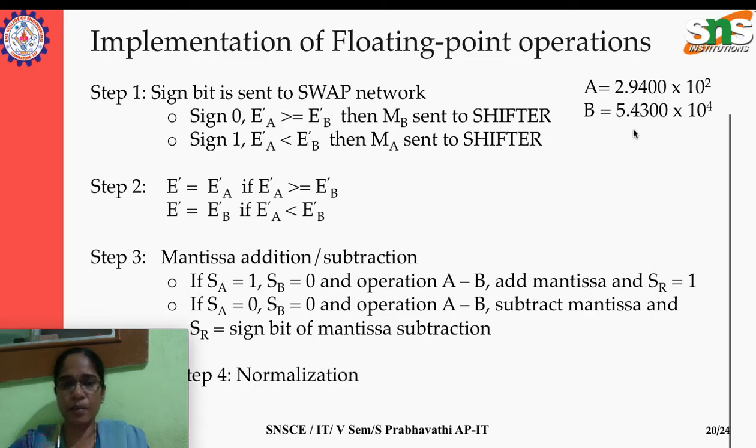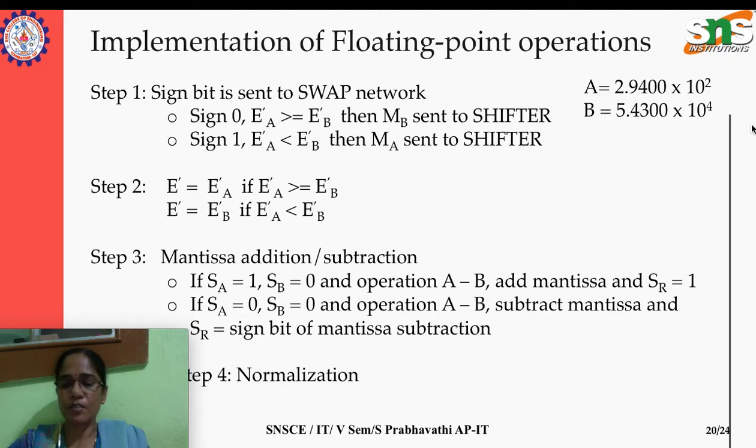In this example, because E' of A, 10 power 2, is less than 10 power 4, this mantissa has to be shifted. So MA is sent to the shifter for shifting the mantissa.